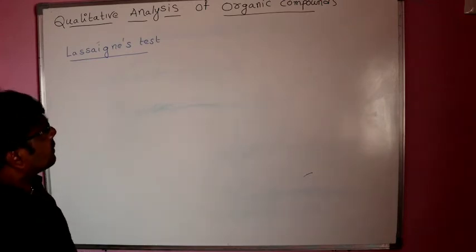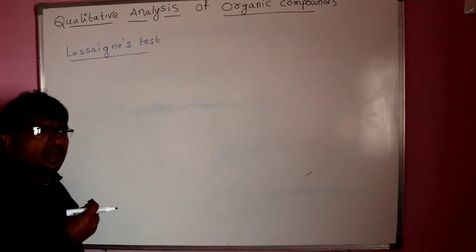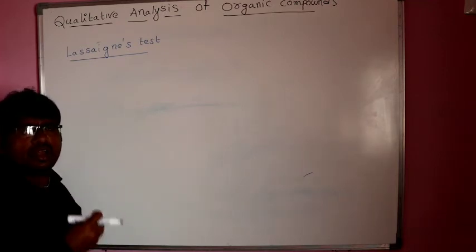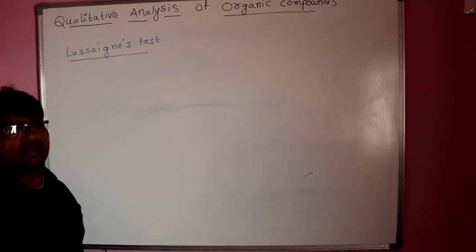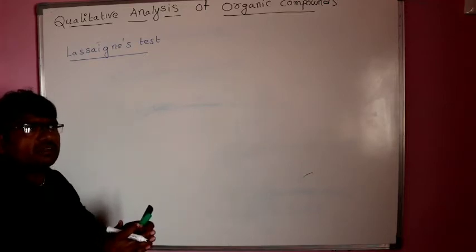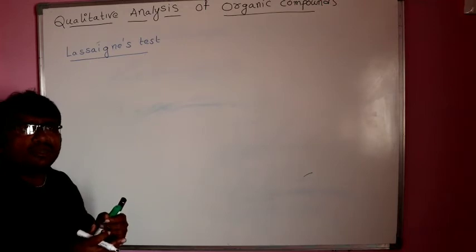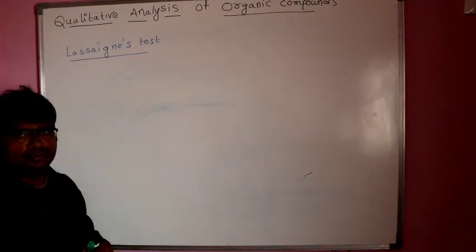Actually, here in organic compounds, elements are connected to the carbon through covalent bonds. We should convert the covalent compound into an ionic compound.